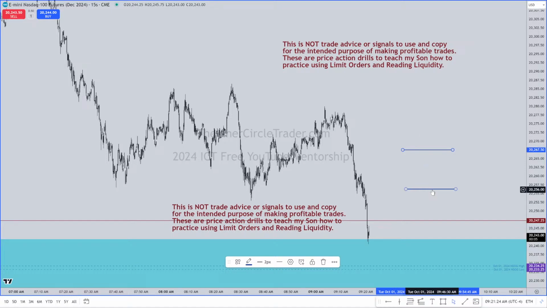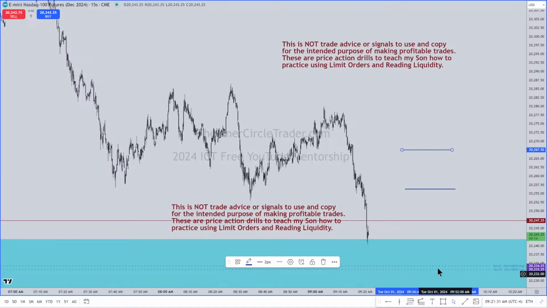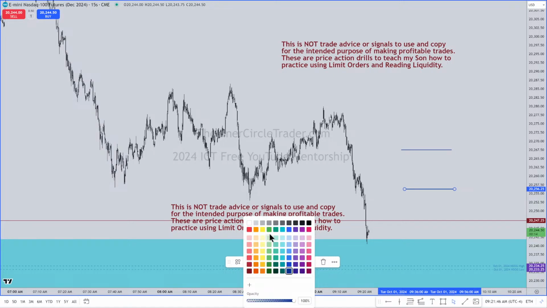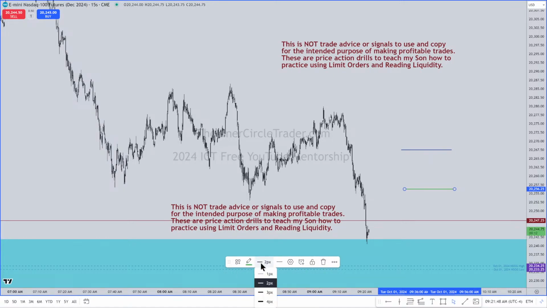That'd be like an old low, relative equal lows, an inefficiency below price, or in this case, the new day opening gap. That could be a draw, okay? But right now we're seeing it trade into an inefficiency, which is this blue shaded area. If this is where you think price is going to go, that's your draw on liquidity.